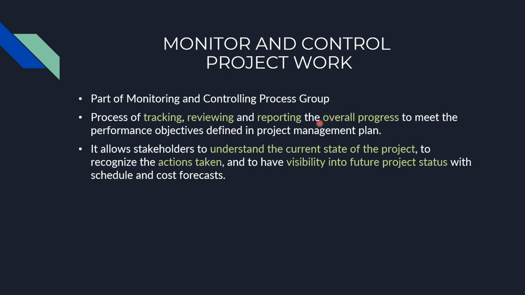It allows stakeholders to understand the current state of the project, what actions have been performed, what activities are in progress, and to have visibility about the future, whether sufficient cost is available, and in terms of schedule where we are.